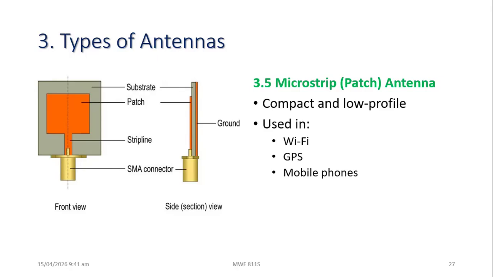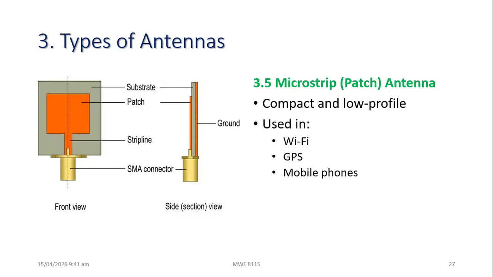But if you look at the inside, if you look at the front view, it has what is known as a strip line, or essentially a patch, and then that patch is covered by some material known as a substrate, and that substrate separates the patch antenna and the ground, right? So the ground and the patch antenna must be separated.